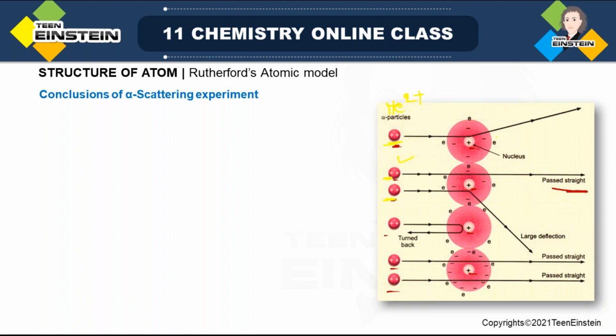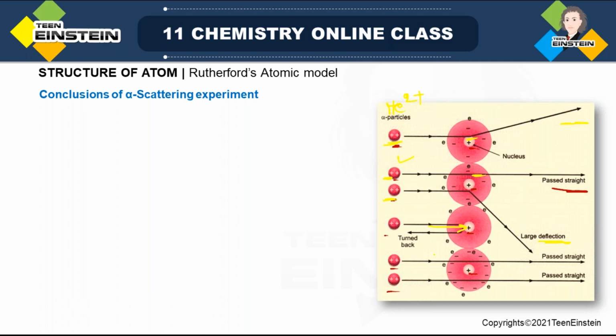Then another possibility is when it is slightly close to the nucleus. See here it is not close to the nucleus, but when it is slightly close to the nucleus, there is deflection. And when it is very close to the positive charge, there is large deflection. And when it is directly hitting the center nucleus, the amount is very less.